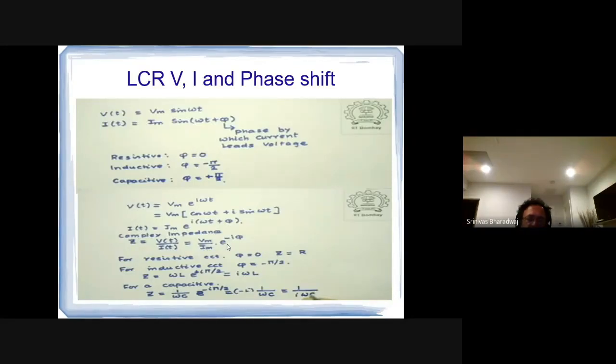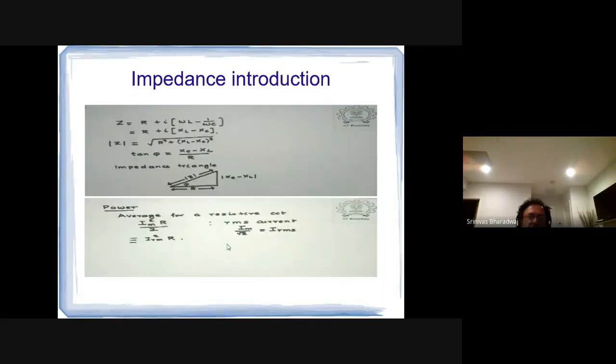So they use j omega L. And in the other case you have 1 by j omega C. The Z of a capacitor is given by 1 by j omega C.